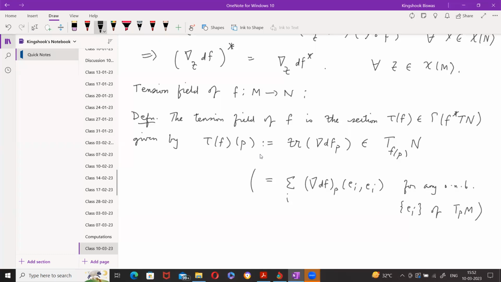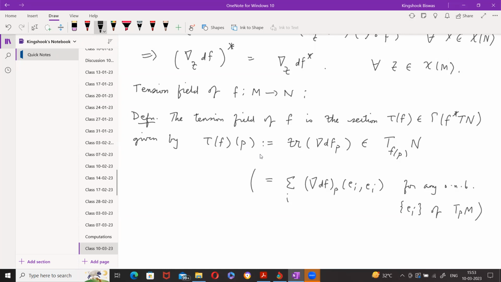Yeah, it's clear. So this is similar to the Laplacian, right? In the sense that the Laplacian was the trace of the Hessian. So the Hessian was what? It was the symmetric bilinear function nabla squared f acting on e_i comma e_i. So instead of nabla squared f acting on e_i comma e_i, here you have nabla df acting on e_i comma e_i.